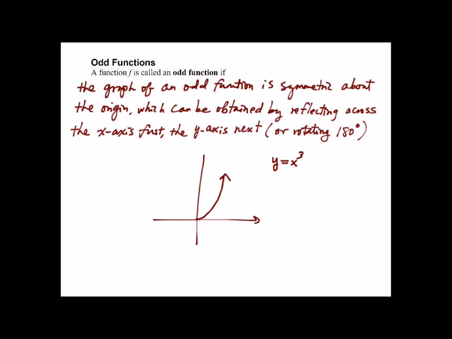To get the left portion of this graph, I can first reflect about the x-axis to get this picture, and then reflect again about the y-axis to get this picture, which means the overall picture of my function should be this.